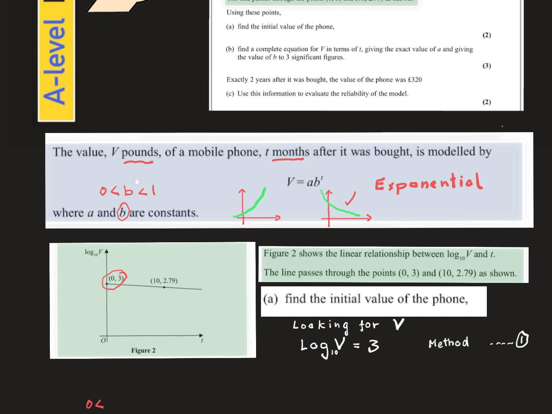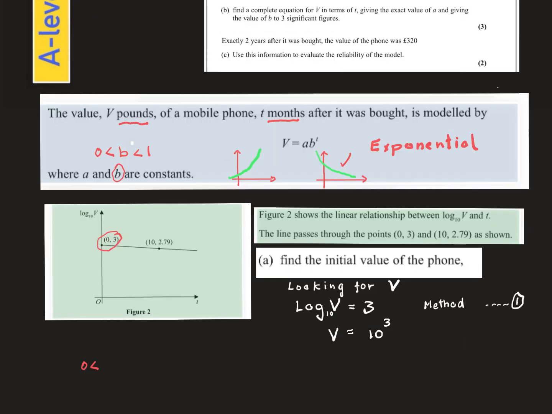V is equal to 10 to the power of 3. Because this is a specific question about a mobile phone and V must be in pounds, we write the answer as: the value is equal to 1,000 pounds initially, and this is the mark that you'll get.